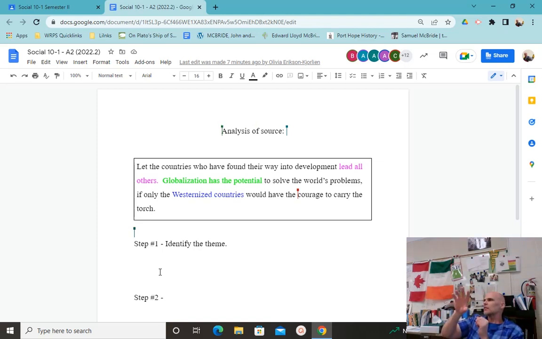The source provided gives us an insight into the theme of globalization. More specifically, by explicitly stating it solves the world's problems, we can determine that it celebrates globalization.